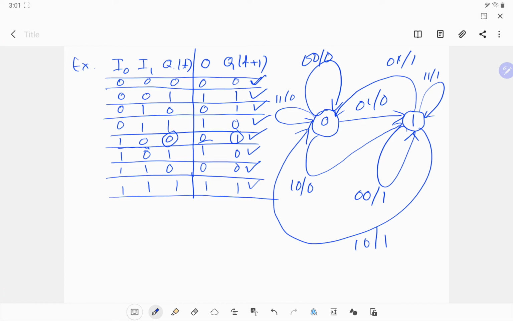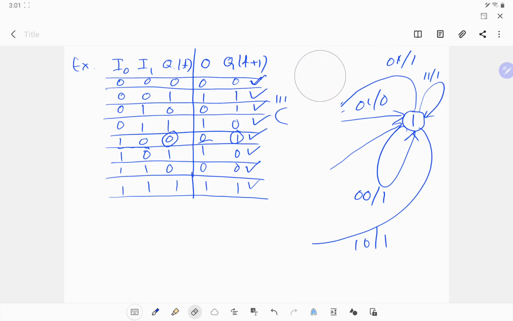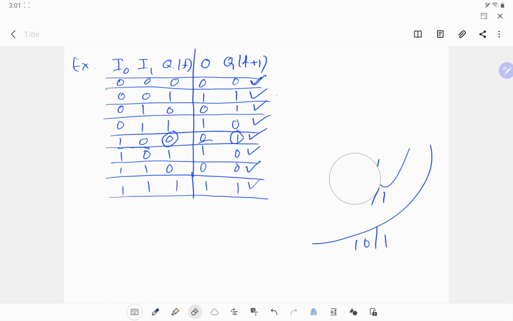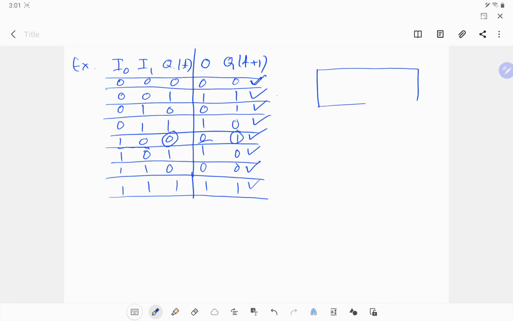the function for O and the function for Q(t+1). We don't need the state diagram. So we need to find the K-map, then we need to find the two functions. So we need a 3-variable K-map. For O, we have I0, we have I1, we have Q(t).